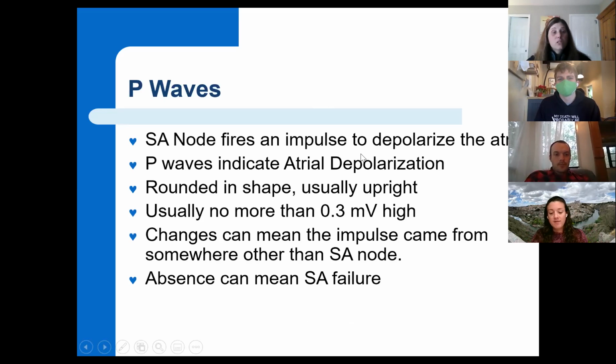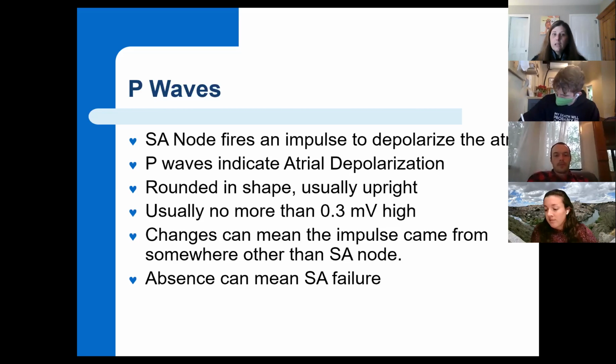All right. So I'm going to start breaking it down. We've talked about some of this a little bit already. The P wave. The SA node, I said, is the heart's pacemaker. The SA node fires the impulse to depolarize the atria. It's represented by the P wave on the EKG strip.